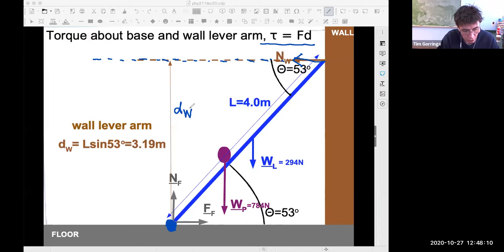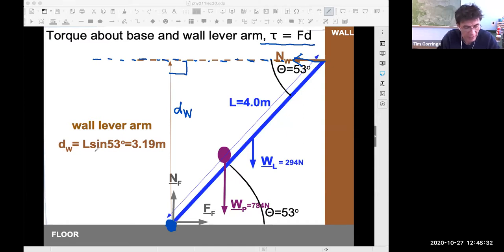And if you look, the wall's lever arm, the ladder, and that line along the force make up a right-angled triangle. Since you know the length of the ladder and the angle of the ladder with respect to the horizontal, you can figure out the lever arm, which is the opposite side of this triangle.